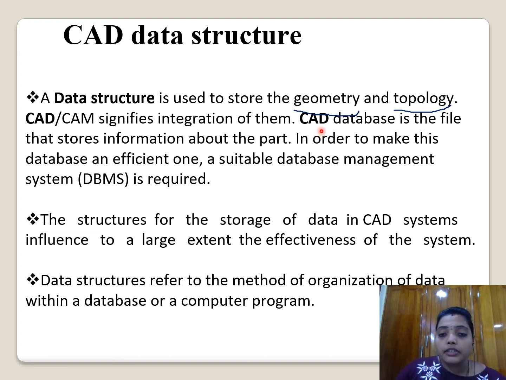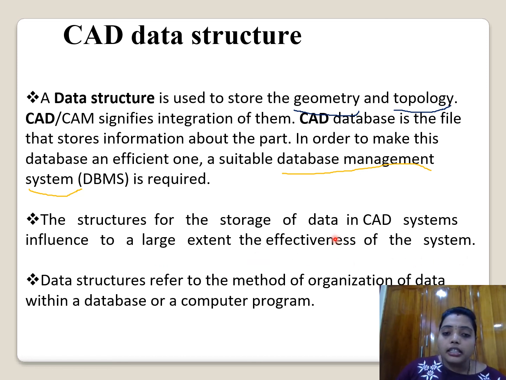Afterwards, to make that efficient, the main thing we are using is the database management system, DBMS. The structures for the storage of data in CAD systems influence to a large extent the effectiveness of the system.